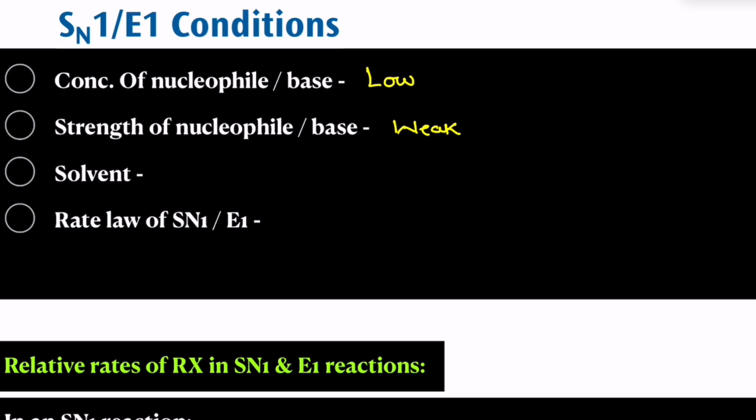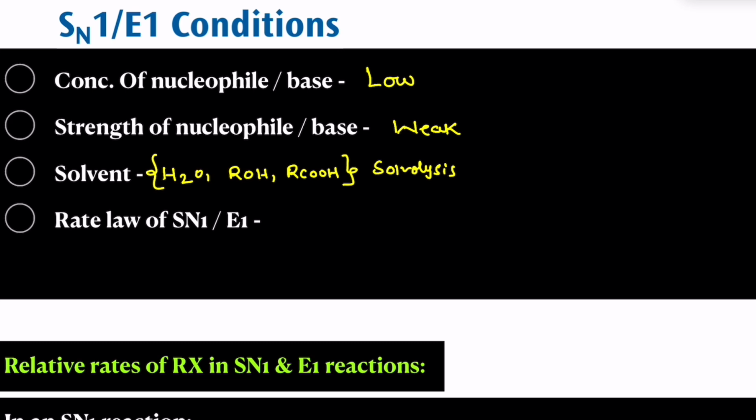Solvent, if the substrate is neutral, if the substrate is not charged, in that situation polar protic solvents are preferred. Examples: water, alcohol, carboxylic acid. Particularly if the solvent is used as a nucleophile, that reaction is known as solvolysis.